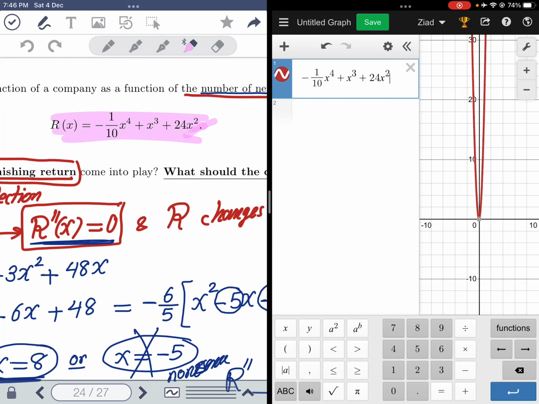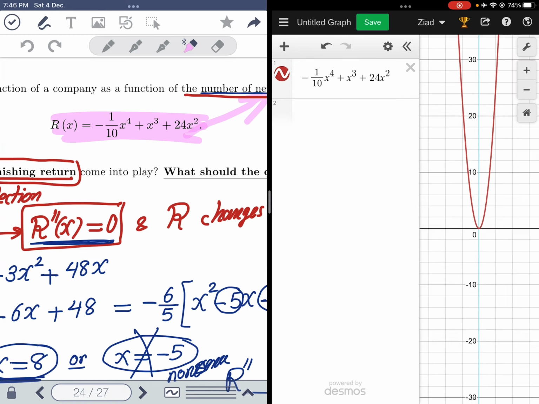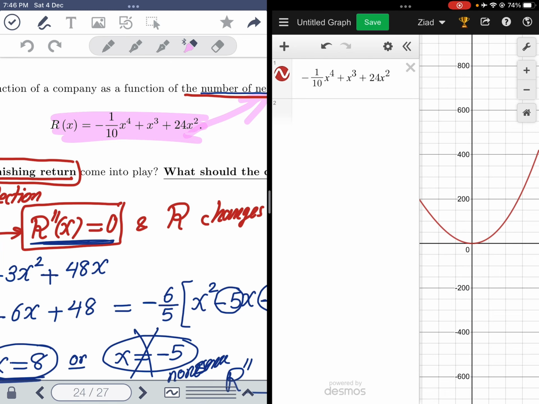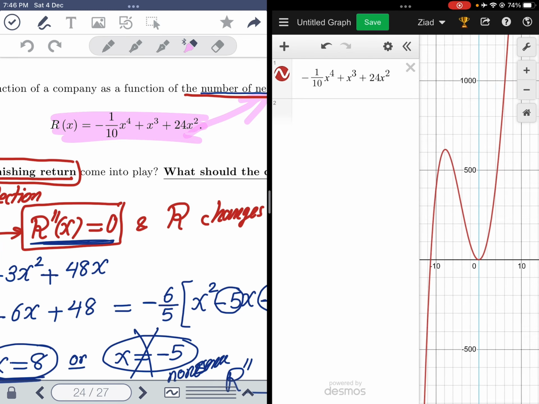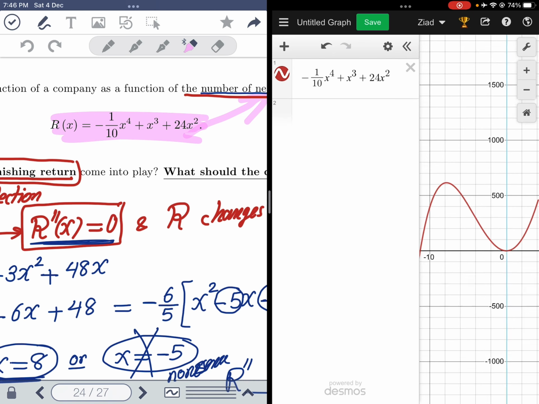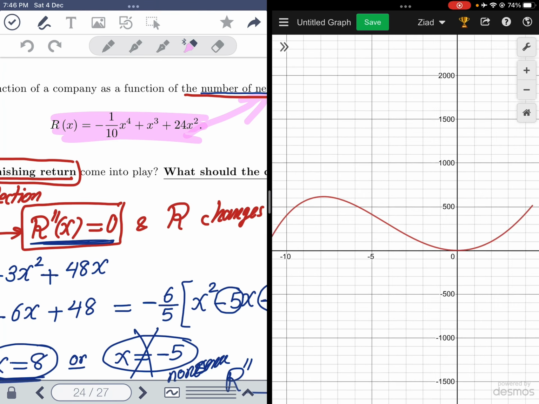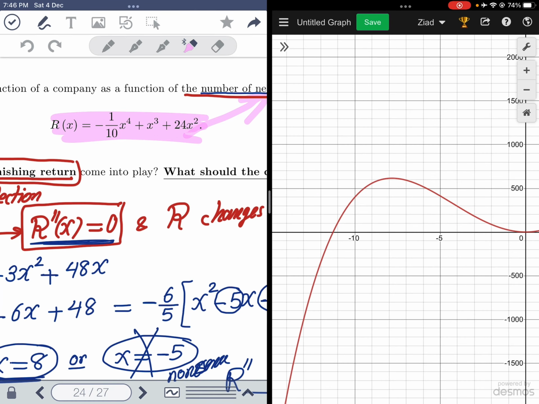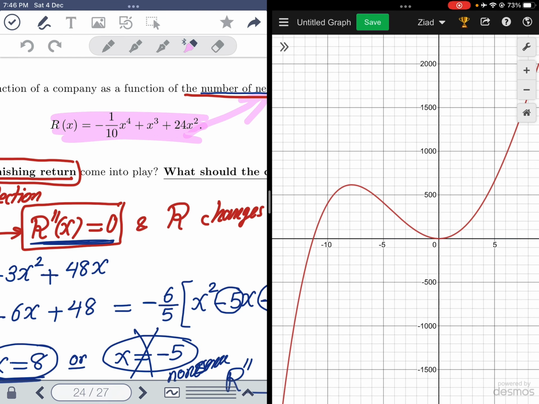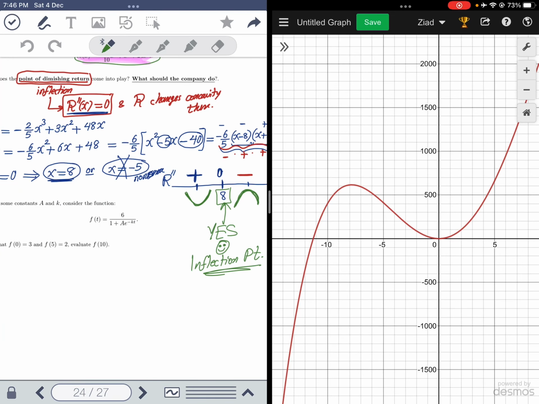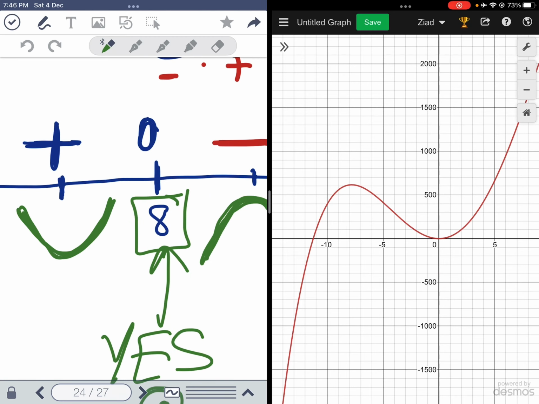This function was written there, and you can look at the graph. So the graph looks like this because it's a fourth degree polynomial. Remember, what we're looking at is R of x, and we want to see where the inflection points are. We said that at 8 there is an inflection point.